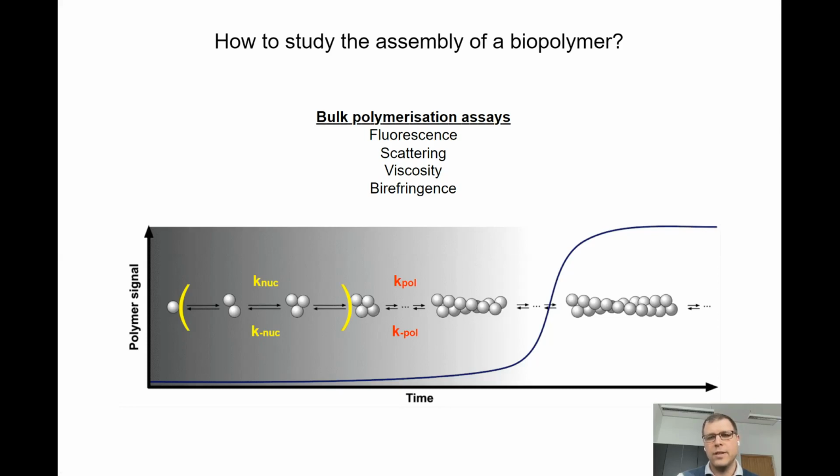And usually you have to come up with a kinetic model and try to simulate your bulk polymerization curves based on that kinetic model. This is how we figure out different molecular pathways during the nucleation process.